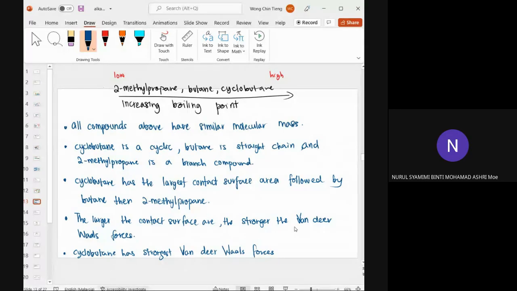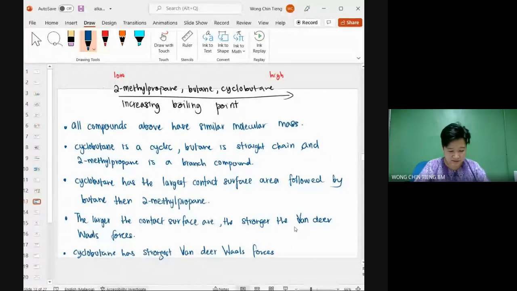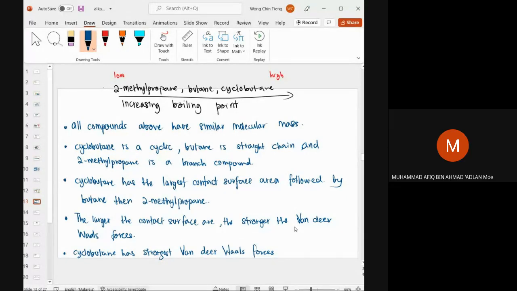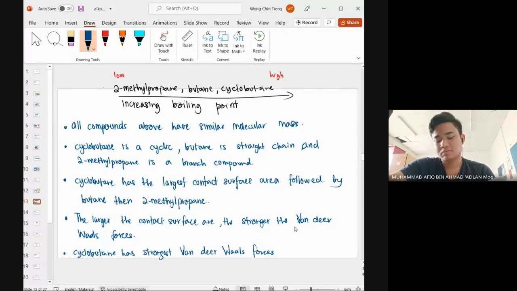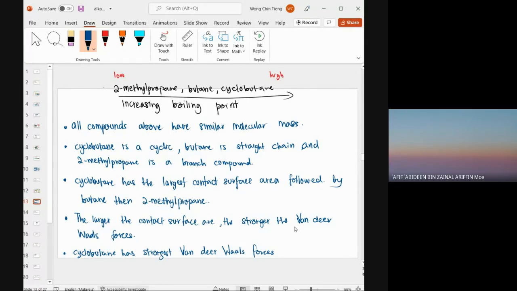Miss, D tu macam tu ke Miss? Macam bukan kan? Itulah saya sepelik bila saya ada tulis-tulis tu, V tu V kecil. Hang on 1 second. Dalam nota V kecil ke V besar?